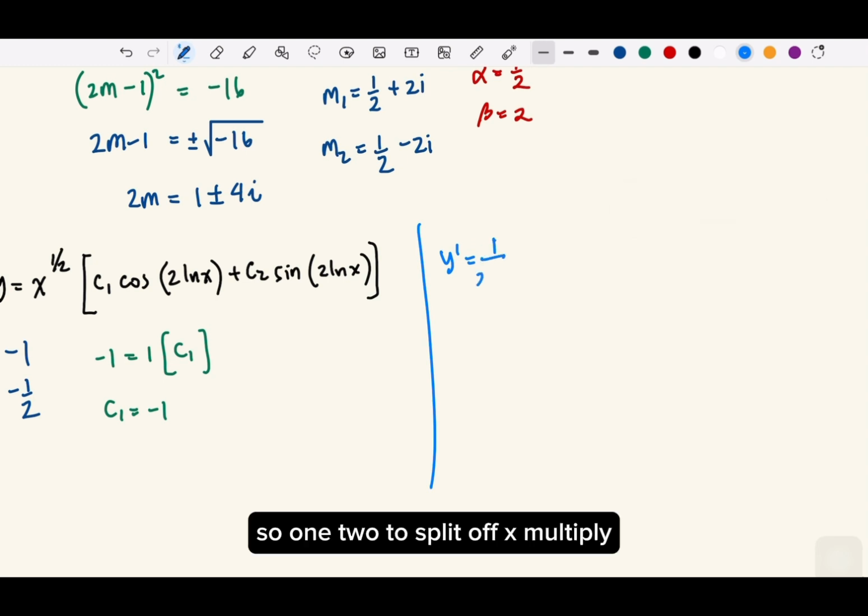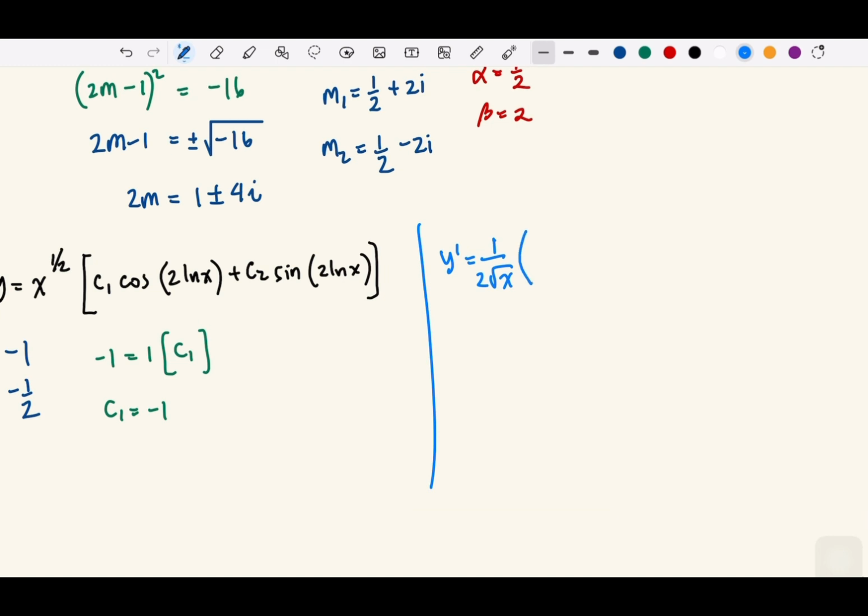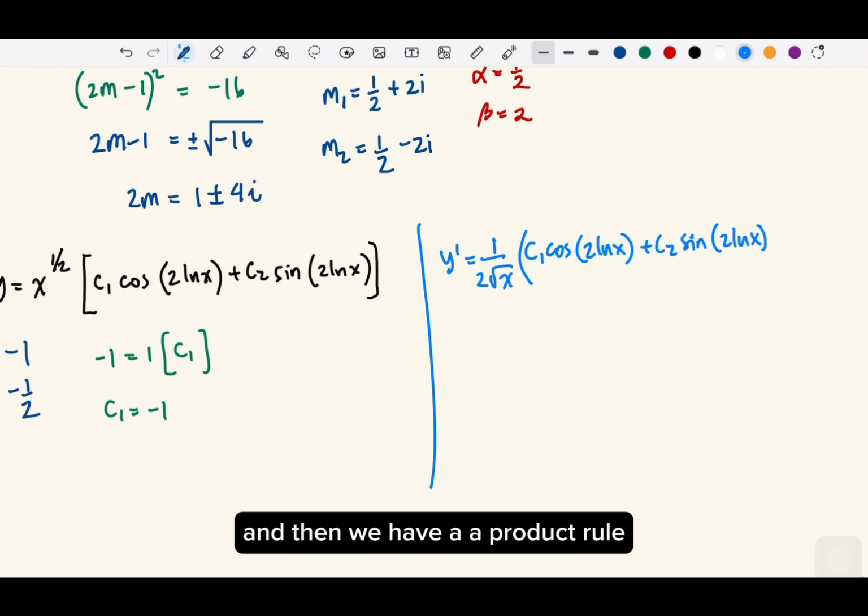So 1 over 2 square root of x multiplied, and then we have a product rule.